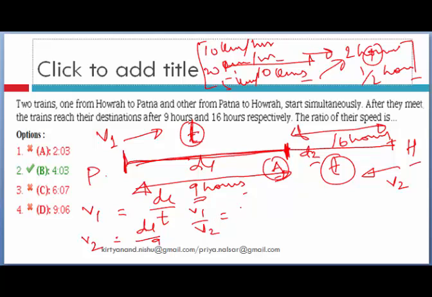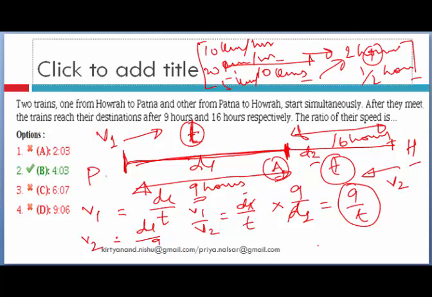It will be d1 by t into 9 by d1. So my v1 by v2 is 9 by t. Now we have to eliminate t.